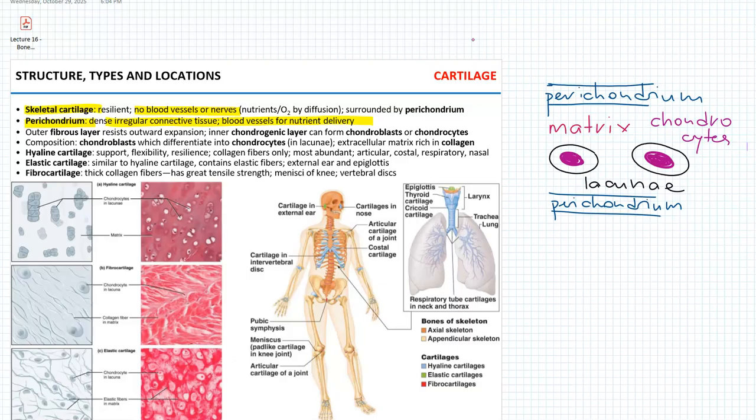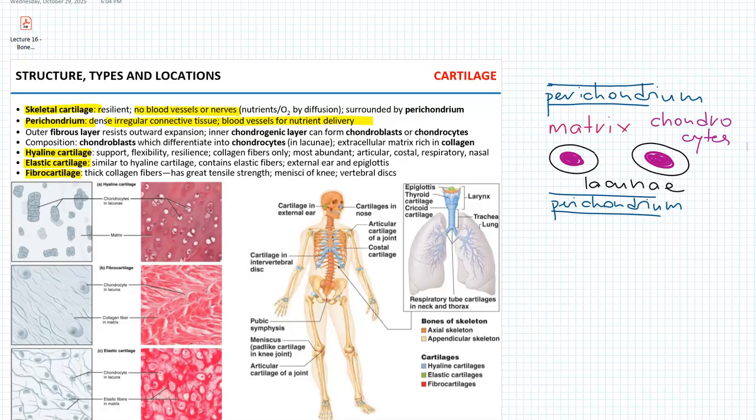So you don't need to know the chondrogenic versus fibrous ones. I'm not really focusing on that. I do want you to know the difference between three types of cartilage that can be found in the human body. We have hyaline cartilage, elastic cartilage, and fibrocartilage.